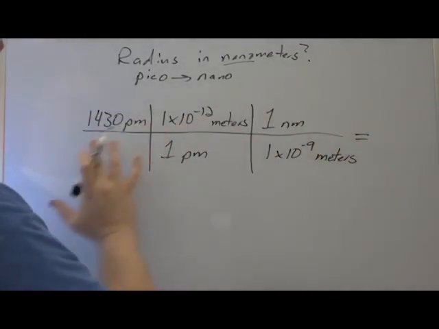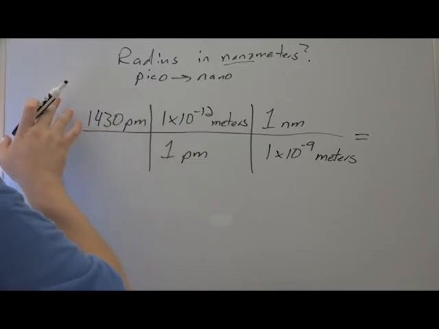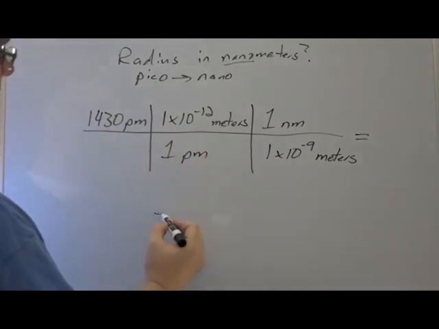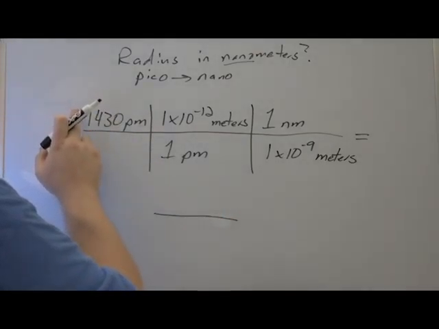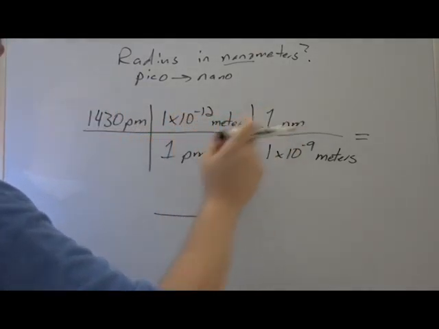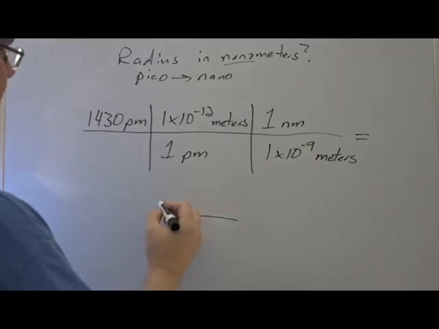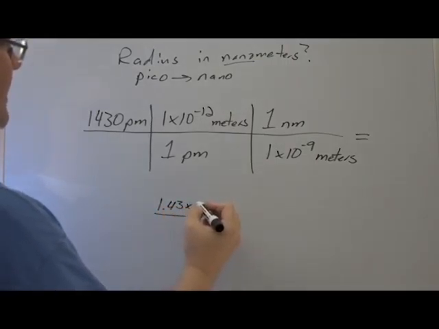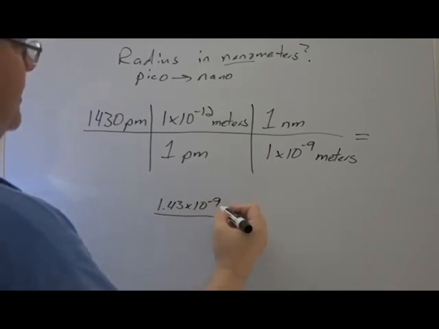Now, once I've set it up like this, what I want to do next is create a numerator and a denominator. I can do that by multiplying everything across the top, which gives me 1.43 times 10 to the minus 9 nanometers.